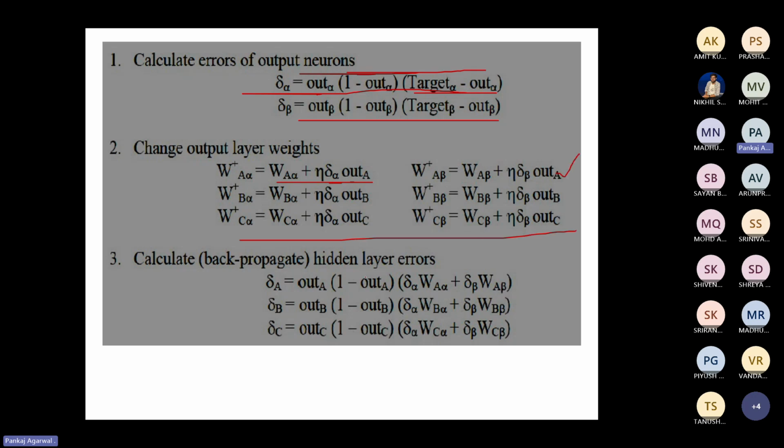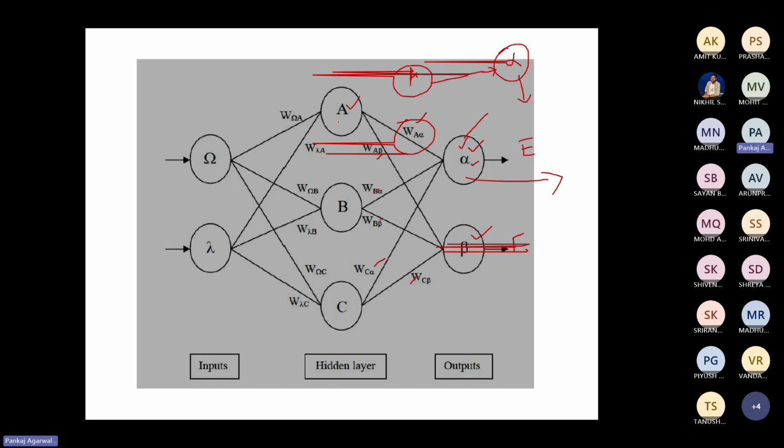Got this? Now, once all the weights get updated, I have to recalculate the value of A, the value of B, and I'm moving in a backward direction right now. I would move in the backward direction till what? Till I calculate all these weights. I do not have to calculate this. Why, anyone?